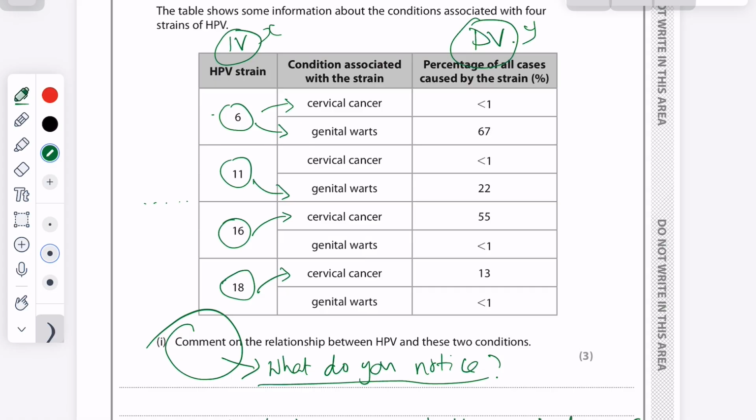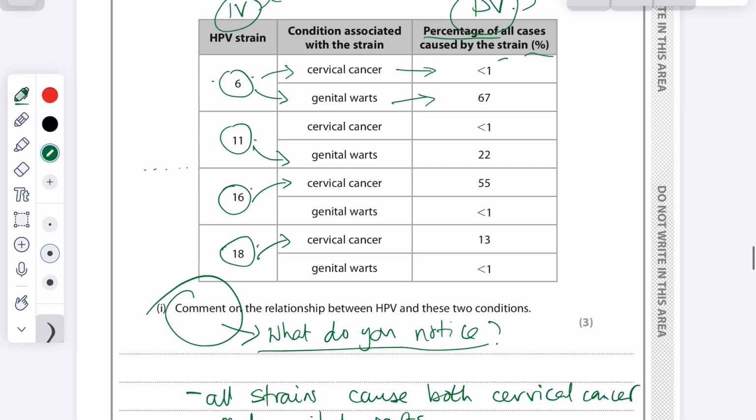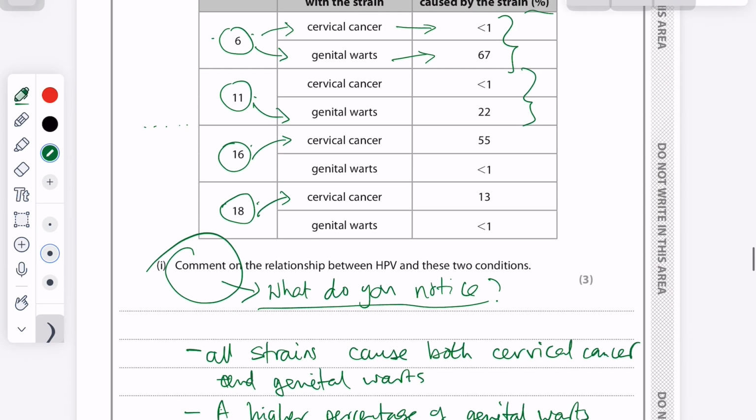The table is showing the tendency of each of these different strains to cause either cervical cancer or genital warts in terms of percentage of all cases caused by the strain. So we've got 4 different strains and we're looking at the numbers, what's the tendency of each to cause cervical cancer or genital warts, and that's indicated by how big or small these numbers are.